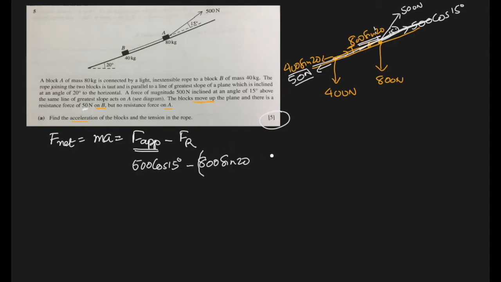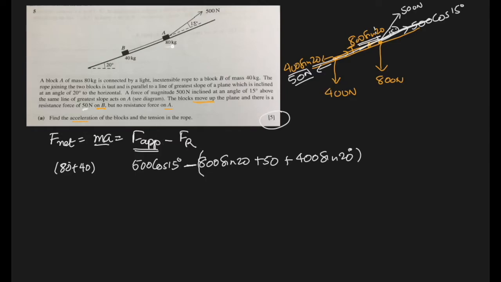So let's combine all of them together. We will add all of them and then add minus to them. So 400 sine 20, three forces opposite this 500 cos 15. Anything else? Nothing else. This will be equal to MA. M will be 120, 80 plus 40. There are two masses which are moving, right?